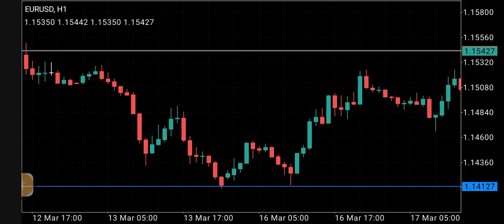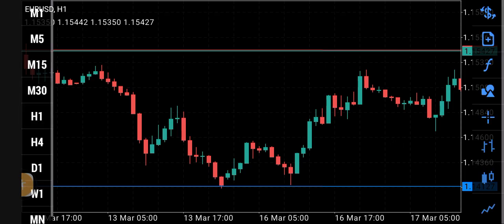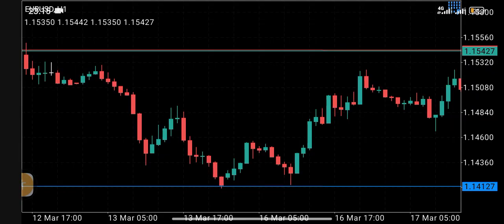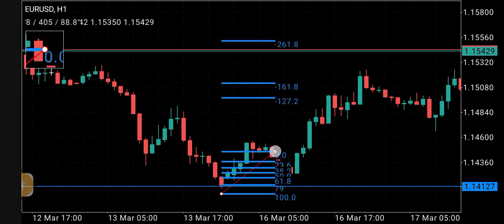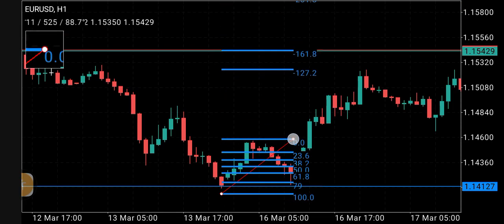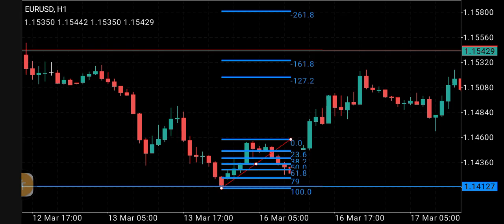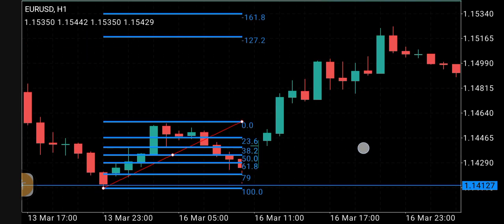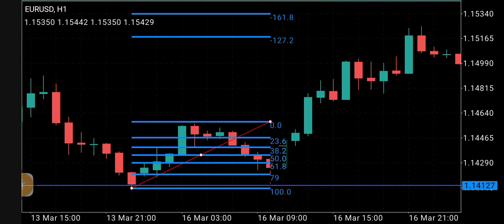So what we are going to do now is to employ our Fibonacci retracement tool. This is it from here. Okay. Low and high. So we now found out where this thing is coming.